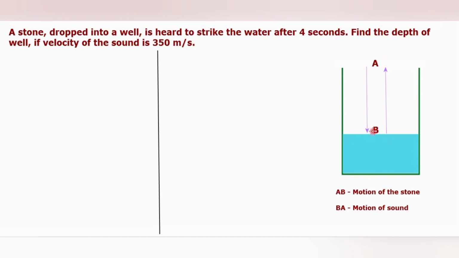So first we are going to consider the segment AB, the motion of the stone in the downward direction.